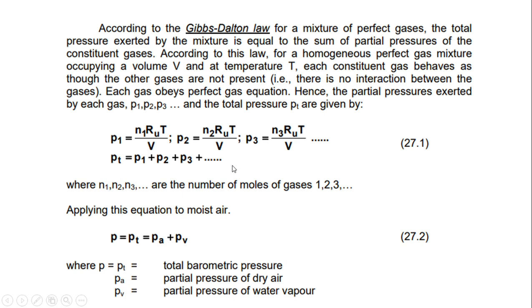If a mixture contains n various gases, the pressure will be equal to the sum of the n partial pressures. So applying this equation to moist air, you will get the total barometric pressure equal to the partial pressure of dry air plus the partial pressure of water vapor. Okay.